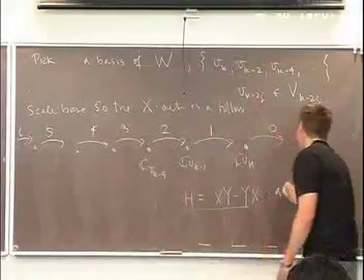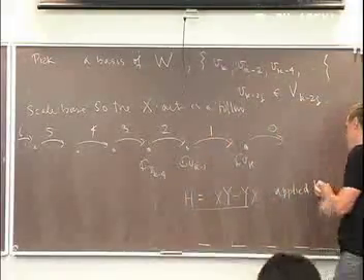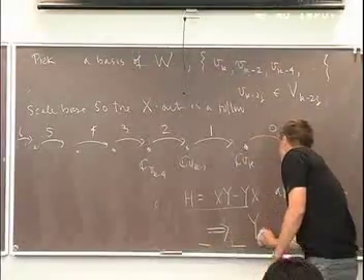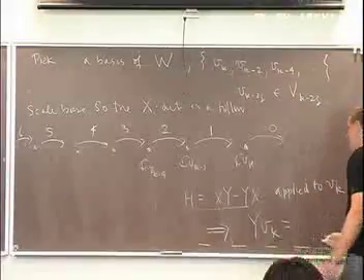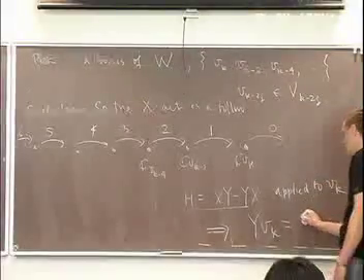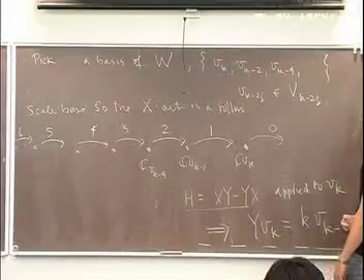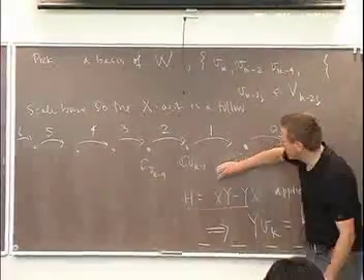Applied to vk, you just do a short calculation, and it implies that y applied to vk is this rescaled basis vector, k times vk minus 2. So it looks like this.